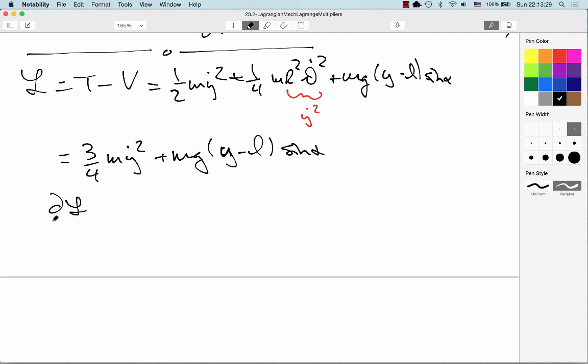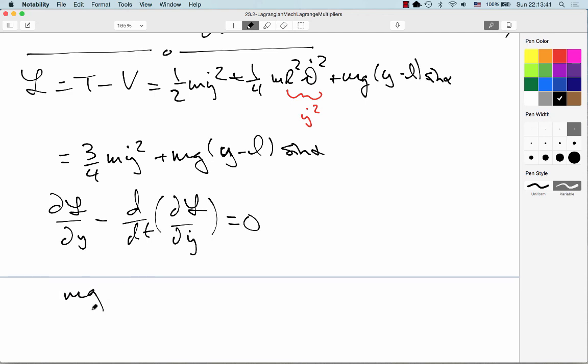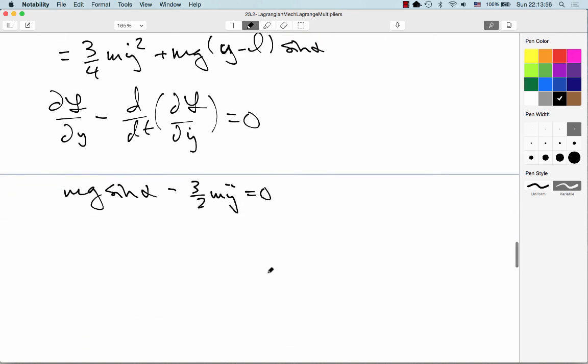so let's do Lagrange's equations of motion on it. Partial L partial y minus d dt of partial L partial y dot equals 0. So partial L partial y, that's just going to be mg sine alpha. Partial L partial y dot, this will be 3/2 m y dot. Then differentiate that with respect to time, becomes 3/2 m y double dot equals 0.